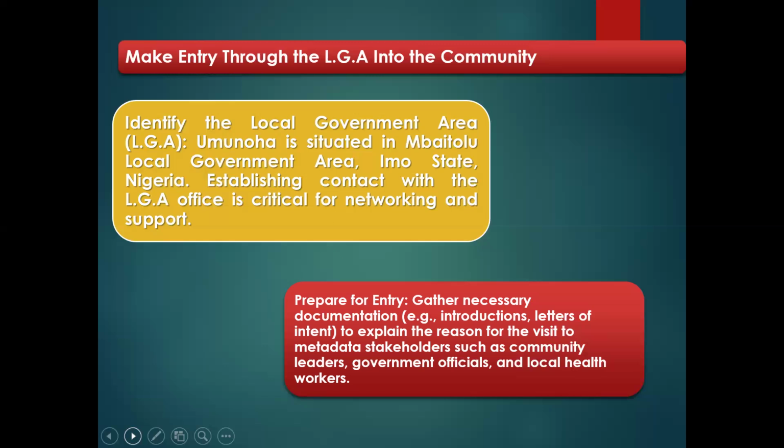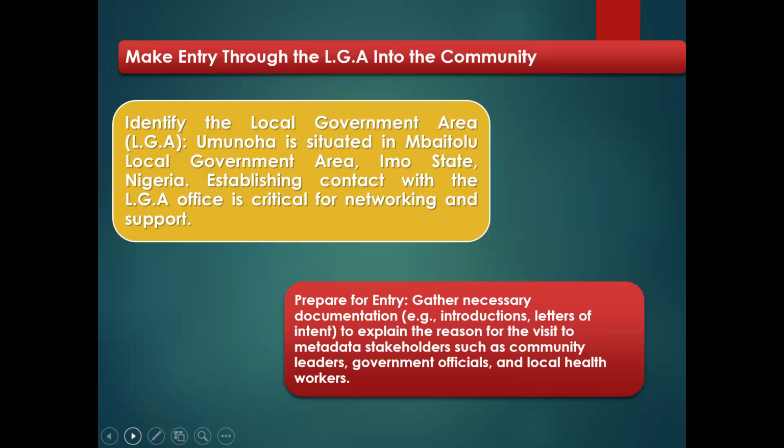And that helps you even with information. You can even from there get the map of the community before trying to sketch your own. So that is why it is necessary to make entry to the local government area headquarters into that community.